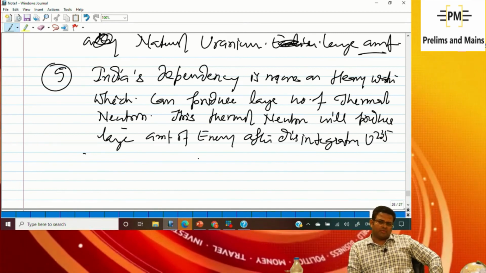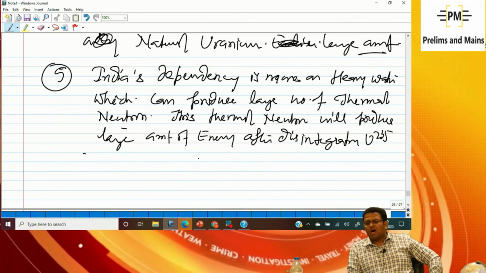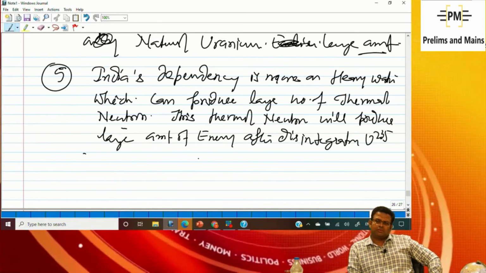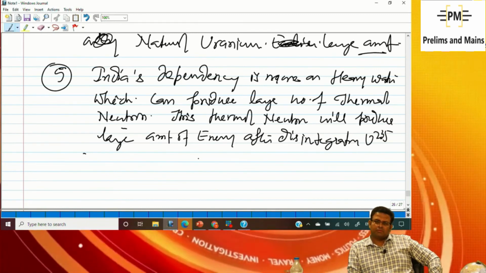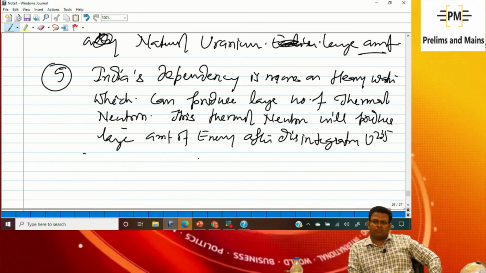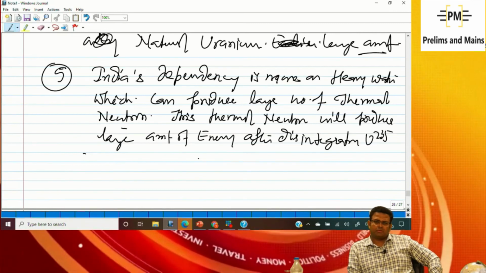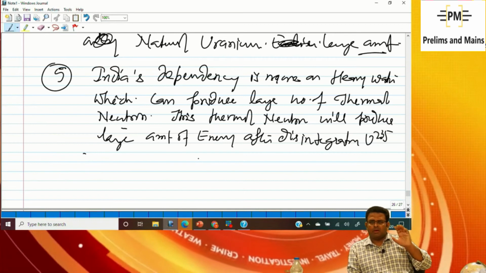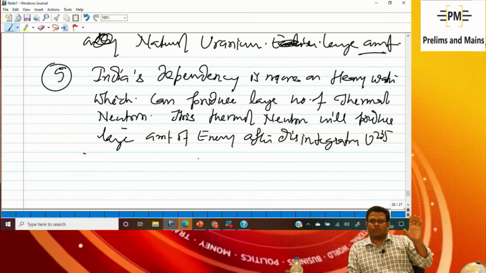How will energy be produced? Urvashi, tell me, how will energy be produced? Will the control rod produce the energy? The control rod can control the number of neutrons, not thermal neutrons. It can reduce the number of neutrons.